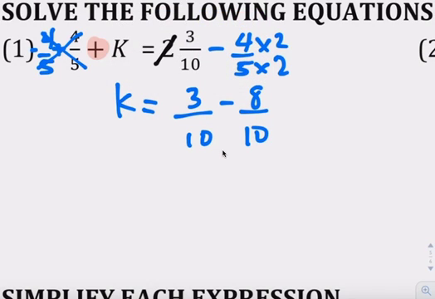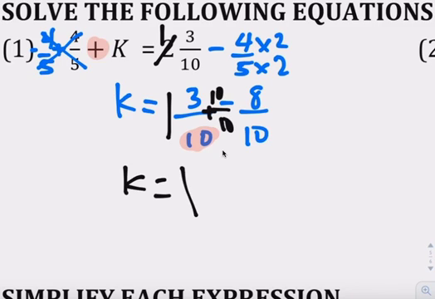A 2 is 1 whole, so the 2 becomes a 1. You're borrowing 1 whole. 1 whole with a denominator of 10 is 10 over 10. So you're adding 10 over 10 here first before you subtract. So k is equal to 1 whole, 13 over 10 minus 8 over 10.